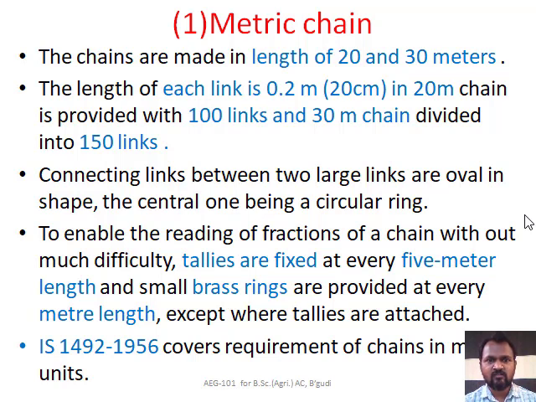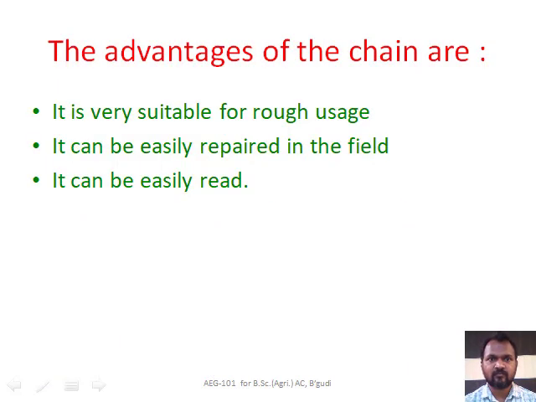It also enables the reading of fractions of chain without much difficulty. Tallies are fixed at every 5 meter length, and small brass rings are provided at every meter length except where tallies are attached. This type of metric chain is covered by IS 1492 1956, which covers the requirement of chain in metric units.